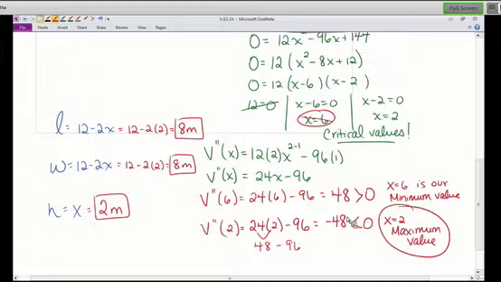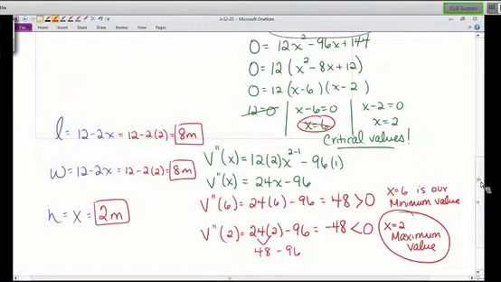Okay. So now we have a question here as to why the negative sign represents our maximum value. How to use the second derivative test for max or min.